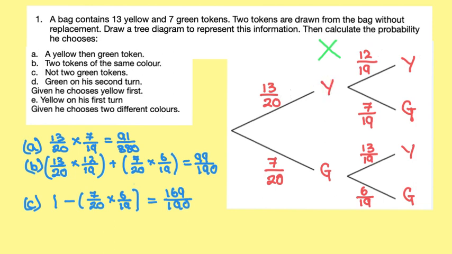So we want green. So the probability of green on his second turn, given he chooses yellow first, is quite simple. It is just 7 out of 19.